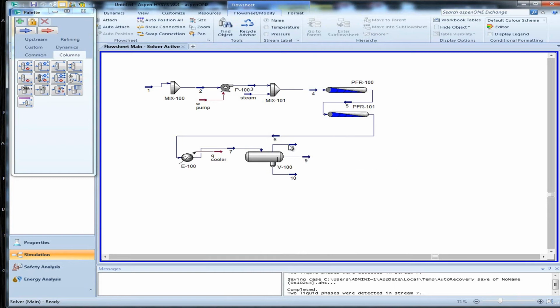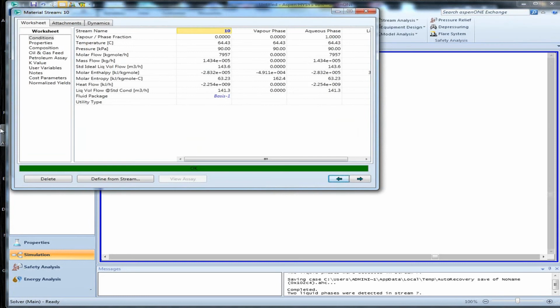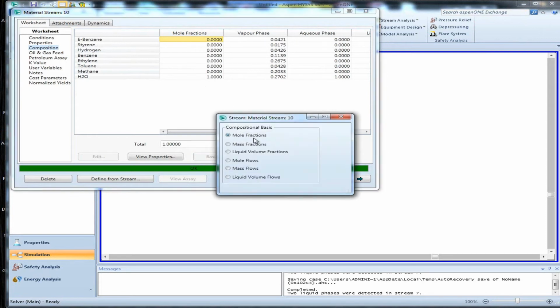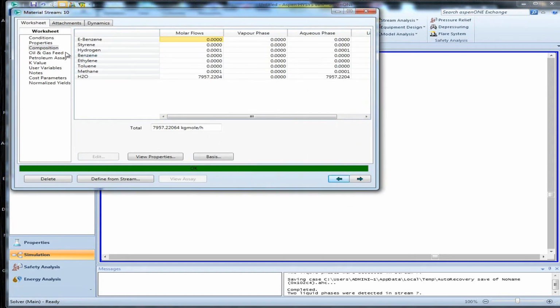Okay, now we can check the outlets from the 3-phase separator. Let's go to the one below. We expect to have only water. Of course, when you look at the mole fraction here, something is mixed, but not very much. You can see a little bit, because of the solubility, I think.